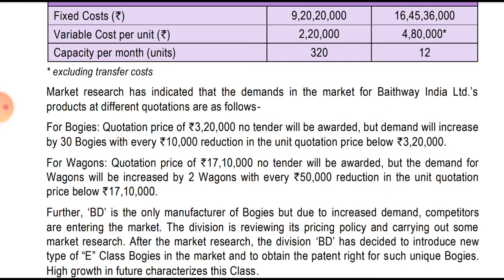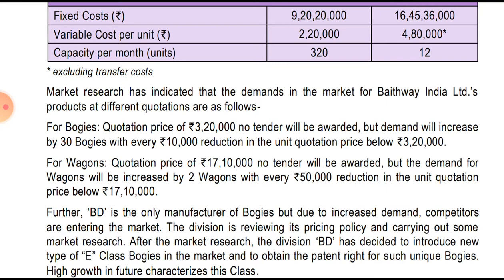So for the BD, the formula is P is equal to A minus B into Q. In this, A will be 3,20,000. For B, we divide the change in price by the change in quantity, so 10,000 divided by 30.